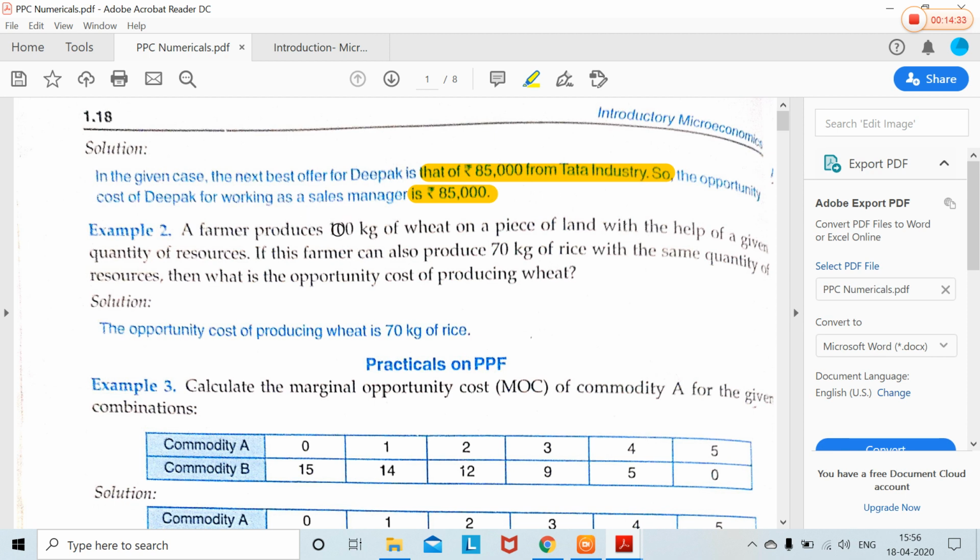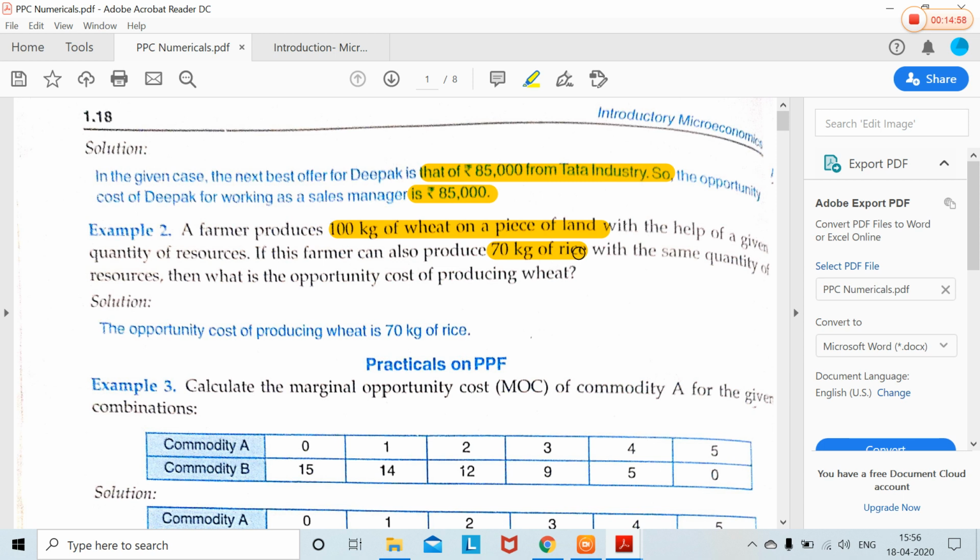A farmer produces 100 kg of wheat on a piece of land with the help of a given quantity of resources. This farmer can also produce 70 kg of rice with the same quantity of resources on that land. Then what is the opportunity cost of producing wheat? Either he can produce 100 kg of wheat on that land, or he can produce 70 kg of rice.